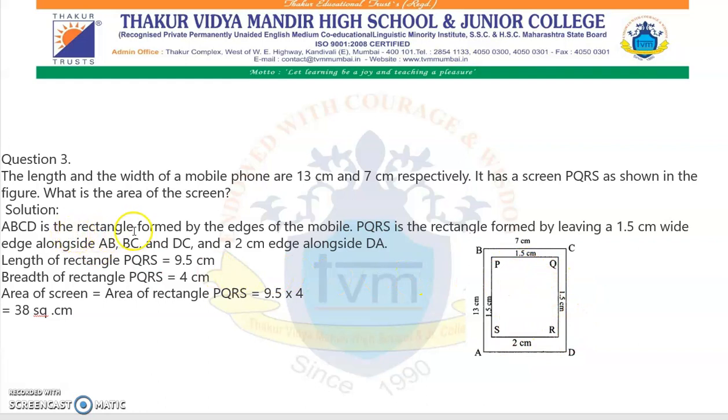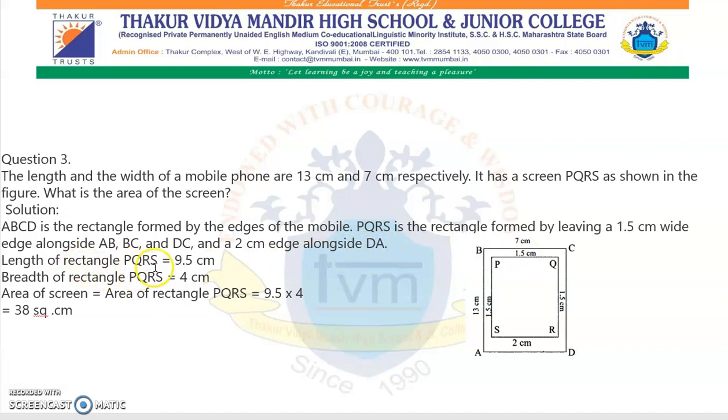ABCD is the rectangle formed by the edges of the mobile. PQRS is a rectangle formed by leaving 1.5 centimeter edge alongside. They are telling that it will leave how much? 1.5. It was not mentioned here in the question, but they are leaving 1.5 centimeter width from all the four sides.